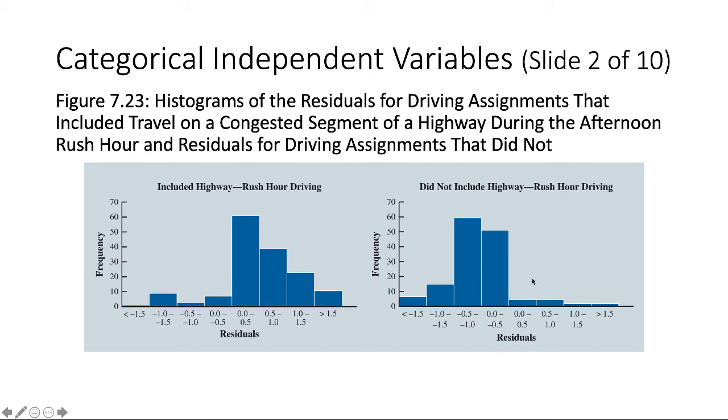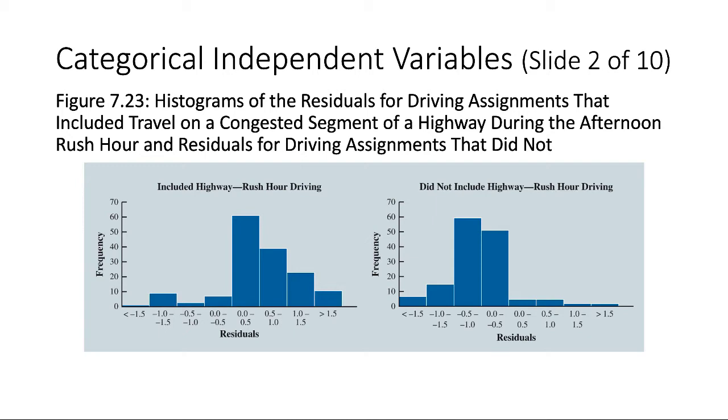On the other hand, the histogram for driving assignments not including highway rush hour driving tends to have negative residuals, which means that the actual driving time is less than the predicted driving time. That means we're generally over-predicting the travel time for these driving assignments. This result suggests that the highway rush hour dummy variable could potentially explain a substantial portion of the variance in travel time that is unexplained by the current model.